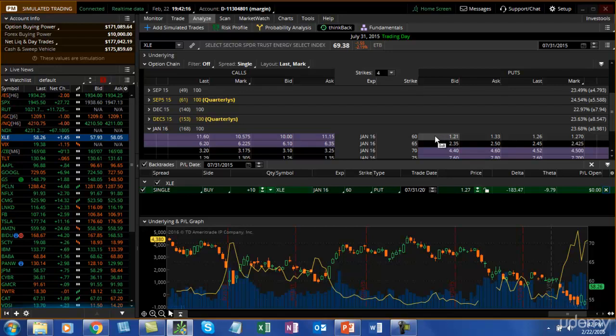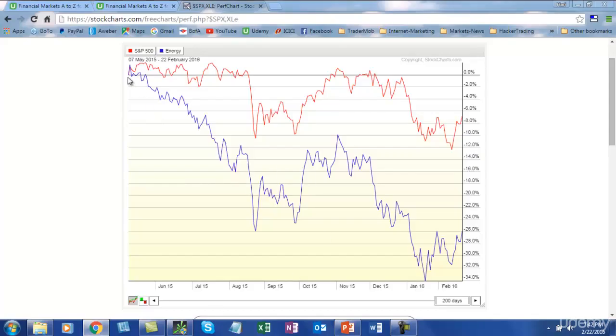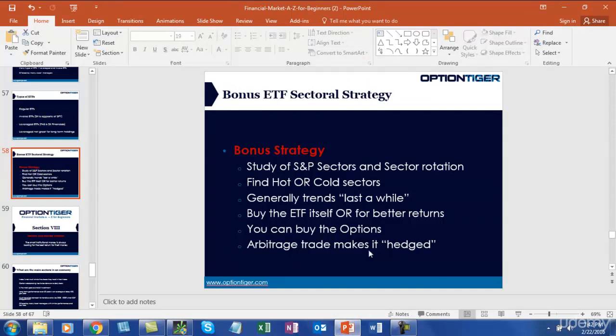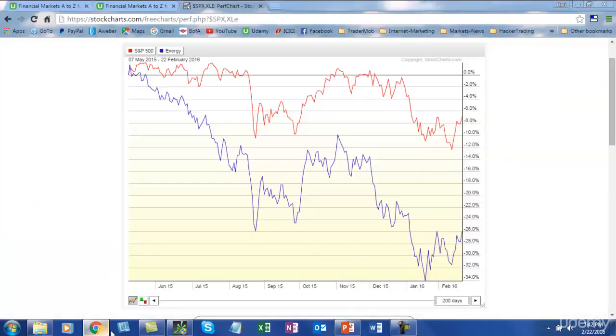Now, the other interesting trade that you can do with this kind of a scenario is that you know now the XLE is starting to underperform the S&P. So this is what I'm calling the arbitrage trade, because this is a fairly safe trade because it makes it hedged. So what we are saying is, if you look at this chart, we are saying that the energy sector is going to underperform the S&P.